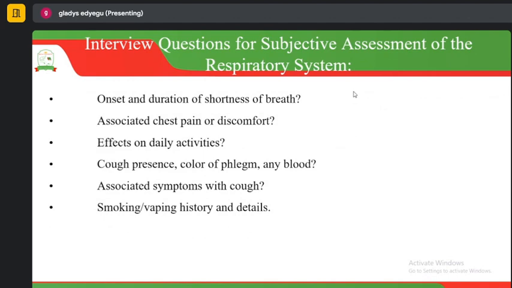And also the discomfort, the patient may tell you, I don't feel comfortable when I'm lying flat on my bed. I don't feel comfortable when I lie on the side. So those can be the associated chest pains in relation to positions, when the patient is lying, or sitting upright, or lying on the side.